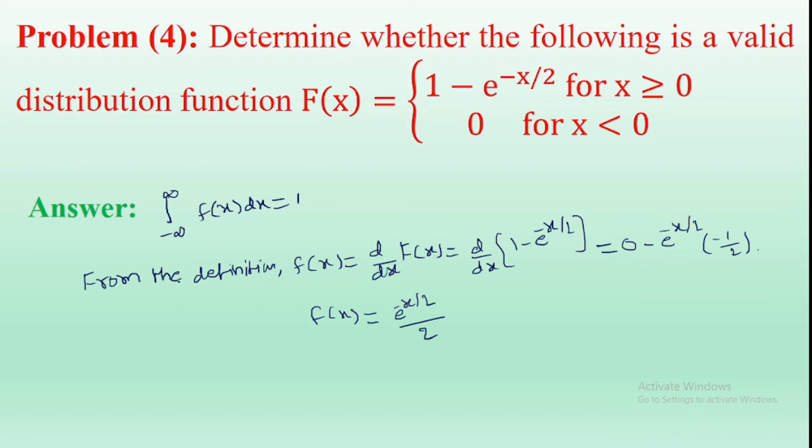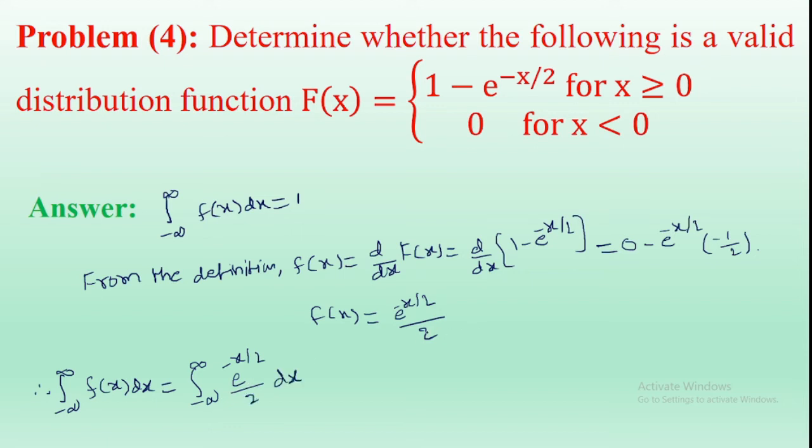So now check this condition. The integral from minus infinity to infinity of f(x) dx is equal to the integral of e power minus x by 2 divided by 2 dx.